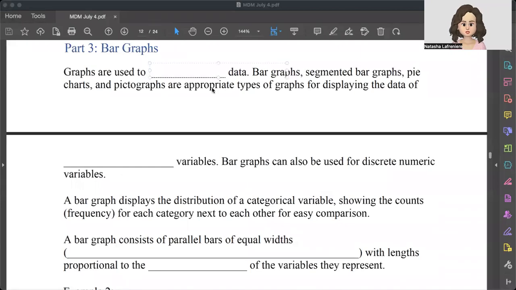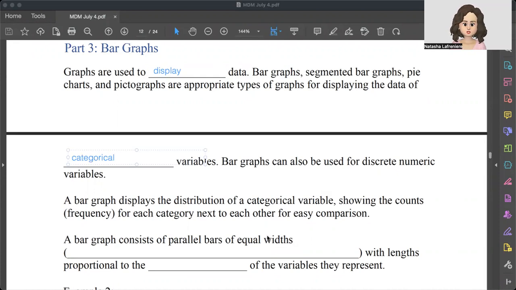So this is used to display the data that you have. Bar graphs, segmented bar graphs, pie charts, and pictographs are appropriate types of graphs for displaying categorical data.